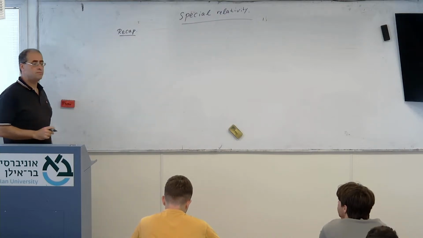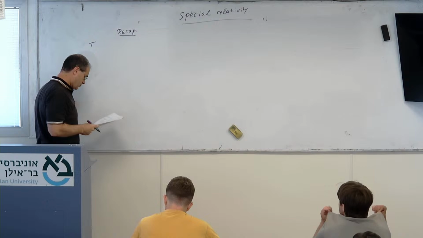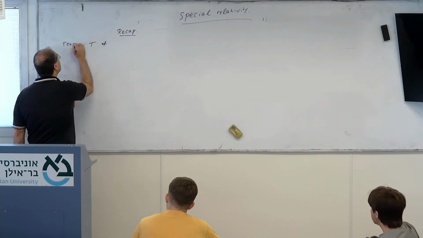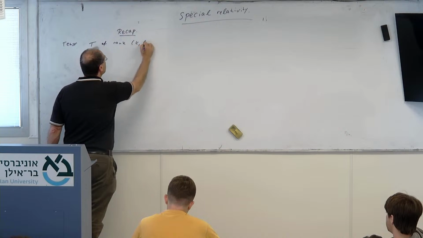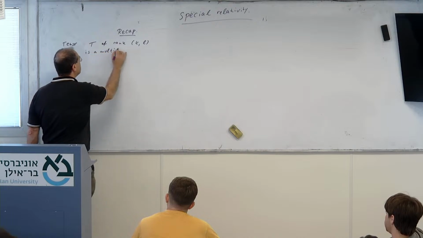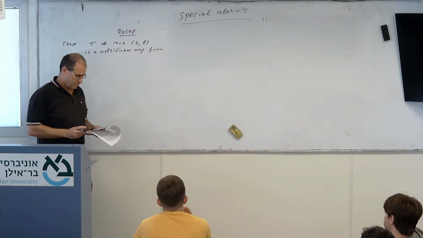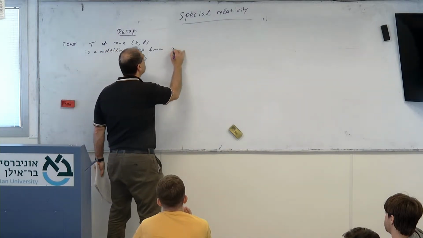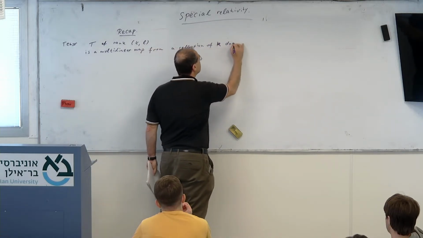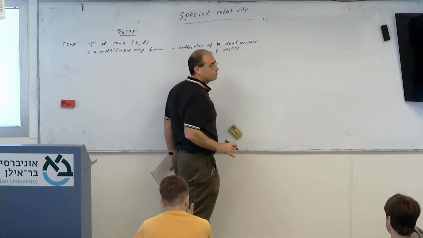And I said that tensors are multilinear maps. A tensor T of rank (K, L) is a multilinear map from a collection of K dual vectors and L vectors to R.